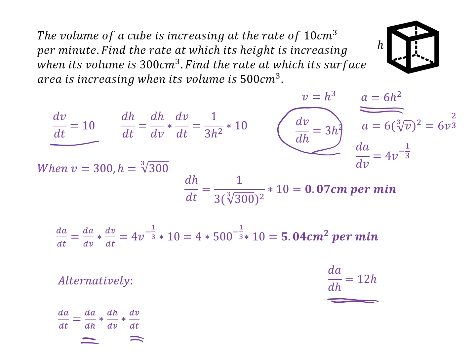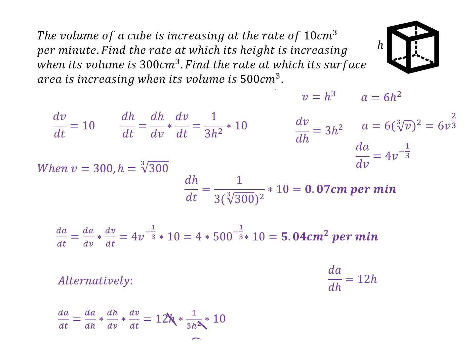So we can put all of those into our modified expression for dA/dt, and that gives us dA/dt equals that. I'm not going to bother tidying that up too much. The h's cancel, but I then can put the value of h in.